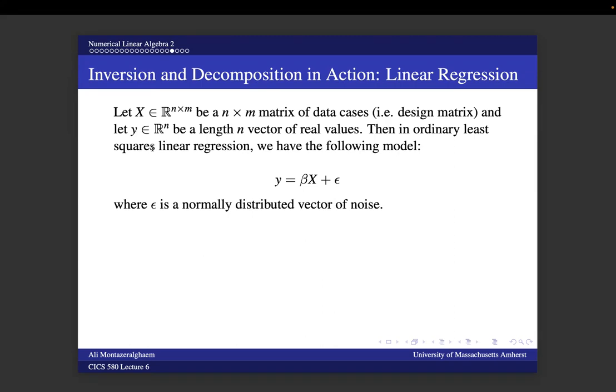So the goal is to estimate the real value that we have for each data point by getting the features that we have for each data point. The goal is to estimate y for each data point.